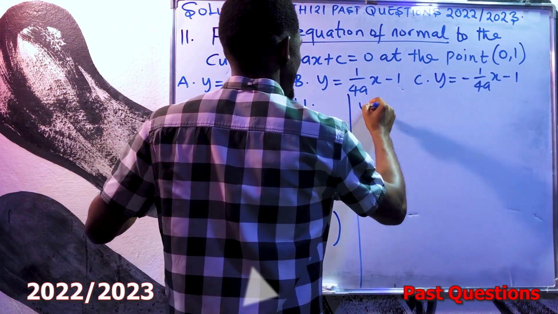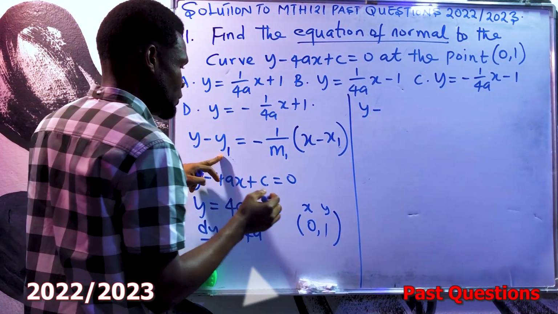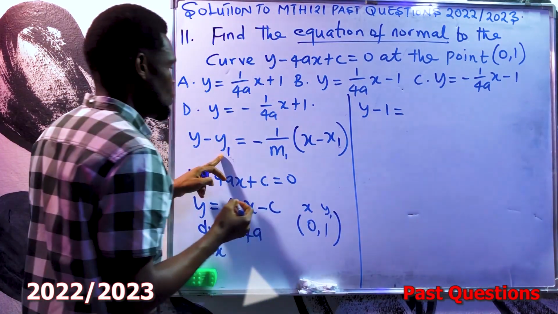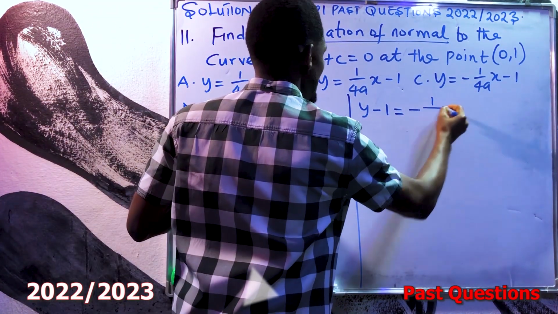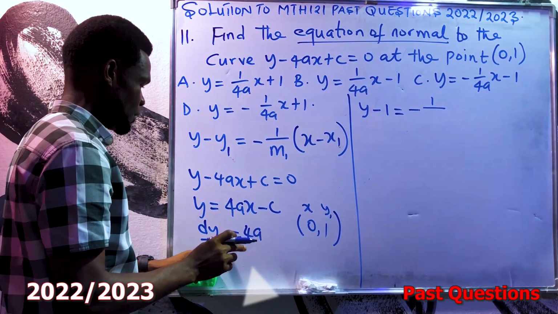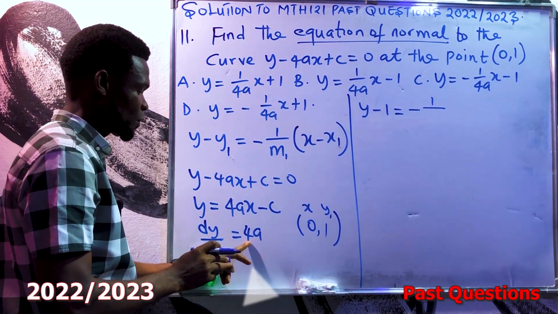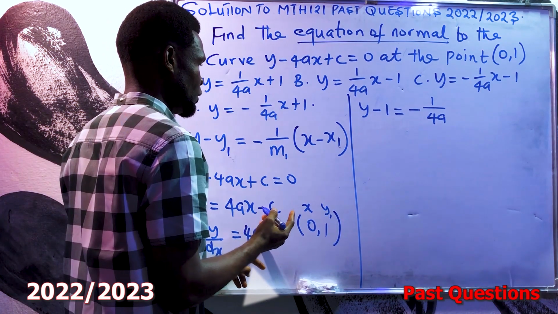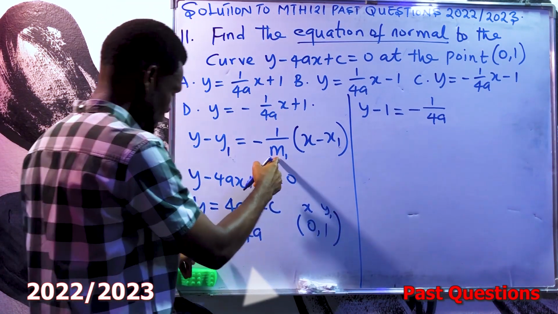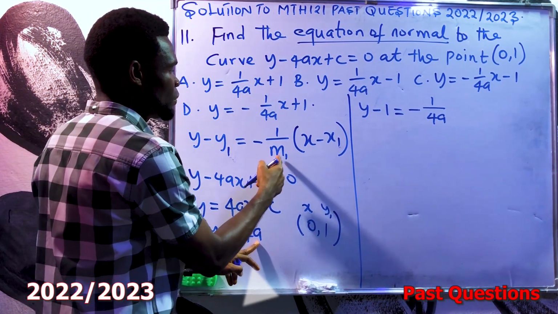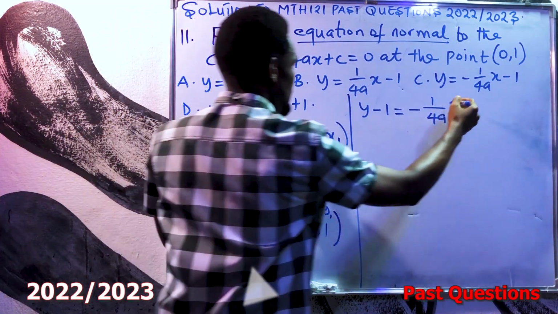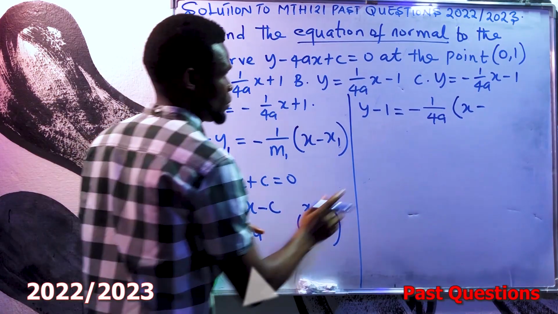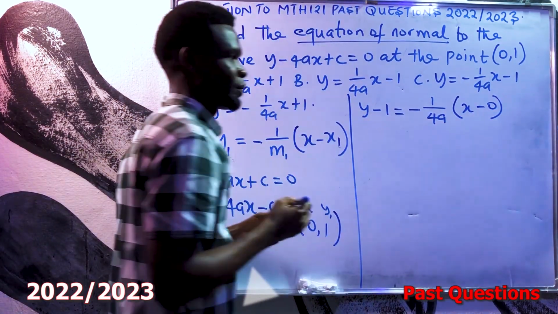So I'll have y minus y1, this is y1, so that is y minus 1 equals minus 1 over m1, which is dy/dx, which is 4a. Please watch, minus 1 over m1 with dy/dx being 4a. So put 4a here, into x minus x1, which is 0.